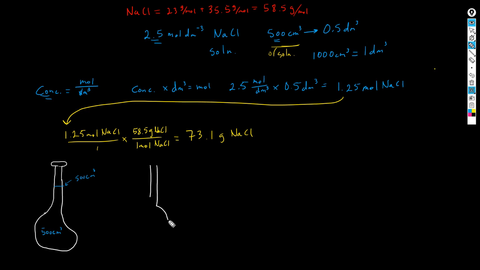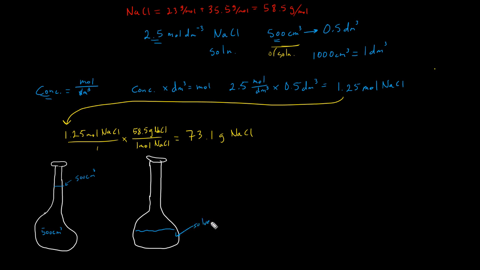I'll grab my flask. Oh no, that is even worse. And I will fill it halfway with my solvent, which in this case, and in most cases, will be water.